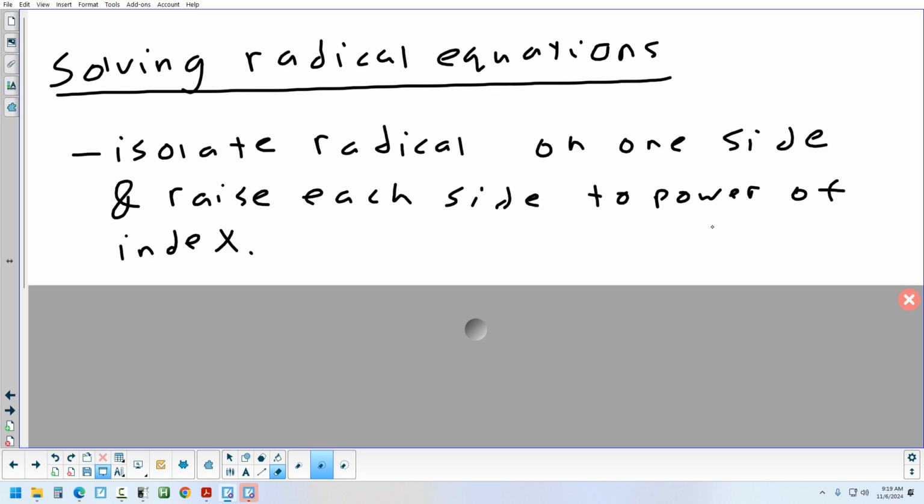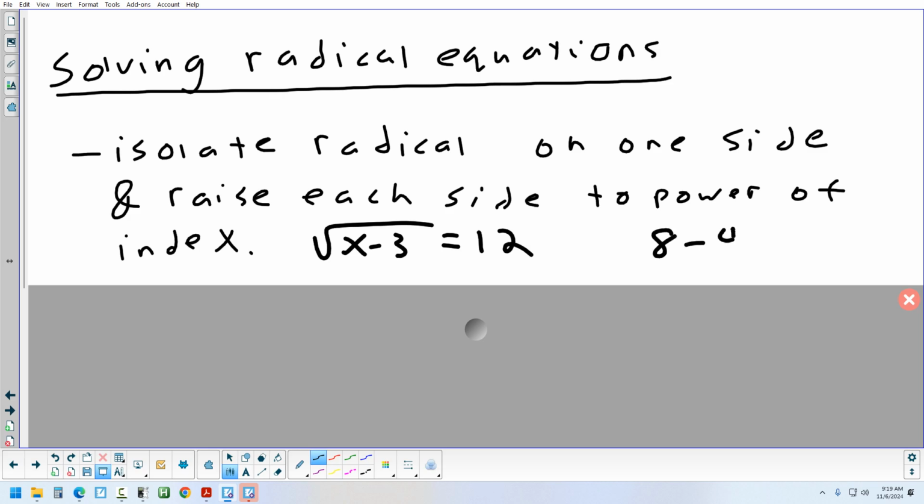So when I say isolate, I mean to get the radical alone on one side. This is an example of a radical that is alone on one side. That's good. This is an example of a radical that is not alone. That's not good. So our first step is to make sure the radical is alone on one side.